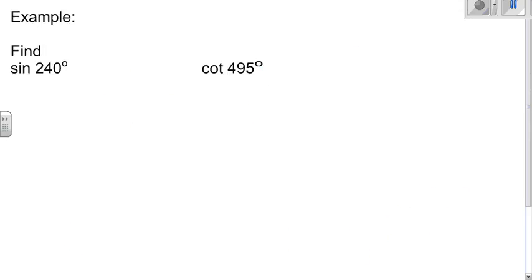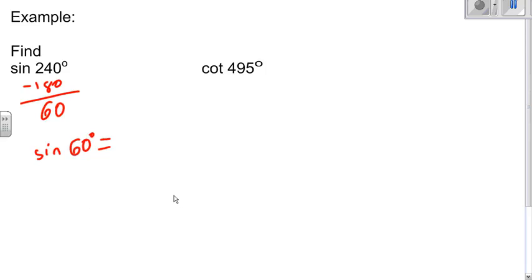So now we're going to use those reference angles and find sine of 240 and then cotangent of 495. First we need a reference angle, so how far from 180 is that? That's 60, so we can use 60 as our reference angle. 60 degrees would be like folding down our pointer finger.